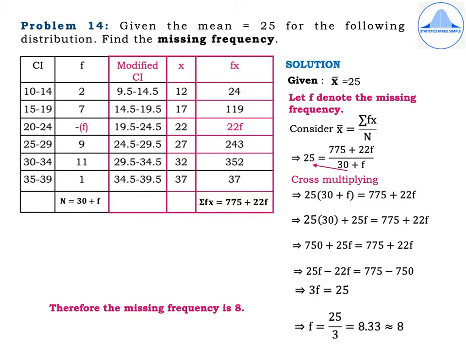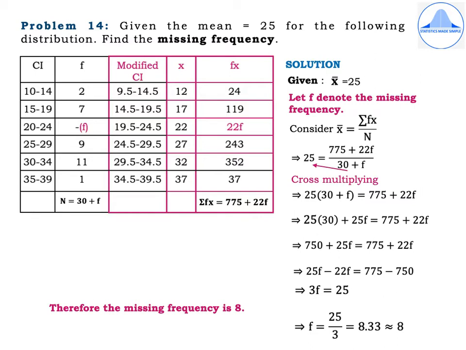So you will get 25 into 30 plus 25 into f is equal to 775 plus 22f, which implies 750 plus 25f is equal to 775 plus 22f, which implies 25f minus 22f is equal to 775 minus 750.